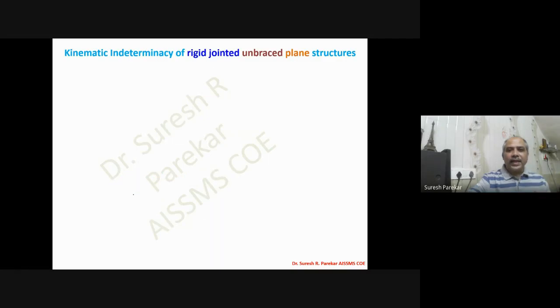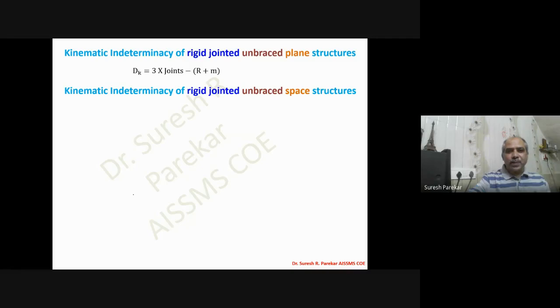Then kinematic indeterminacy for unbraced plane structures: we are going to get dk equal to 3 into joints minus r plus m. Already I mentioned it.